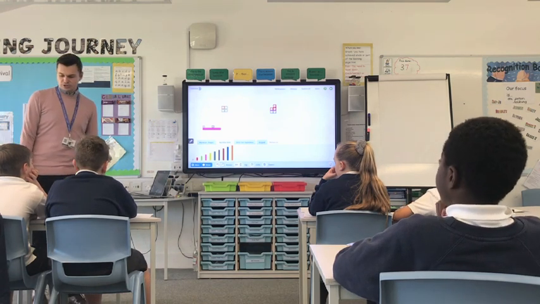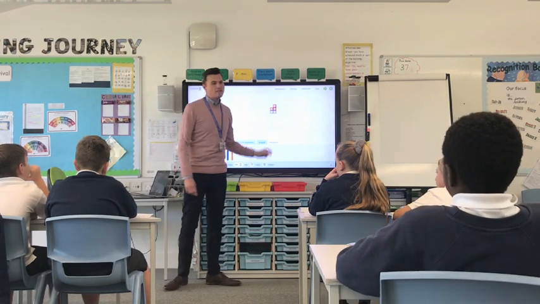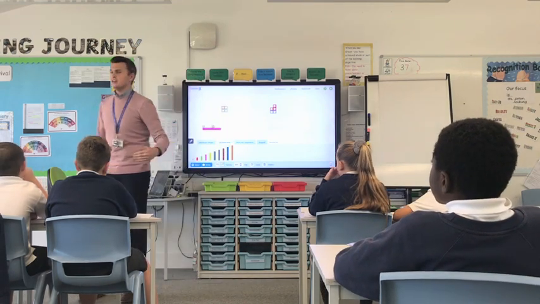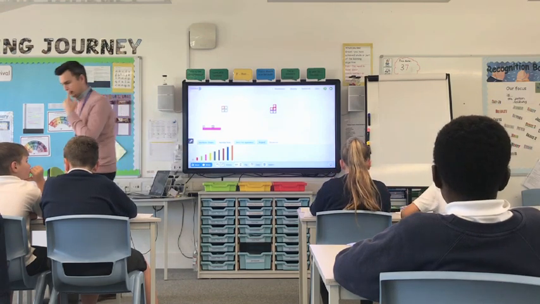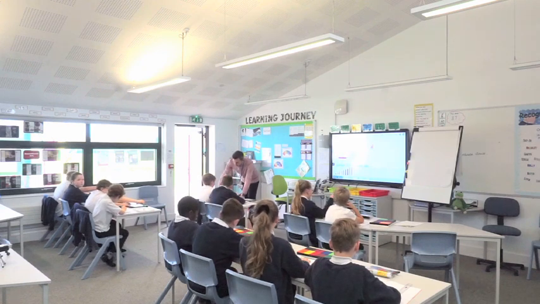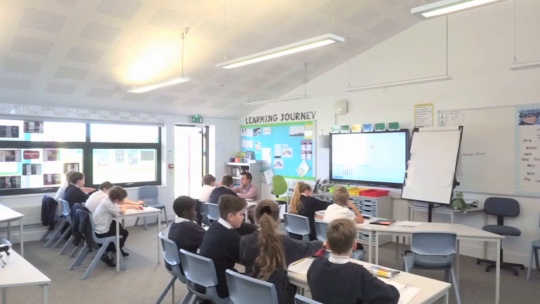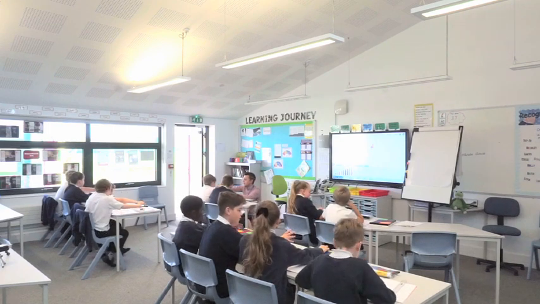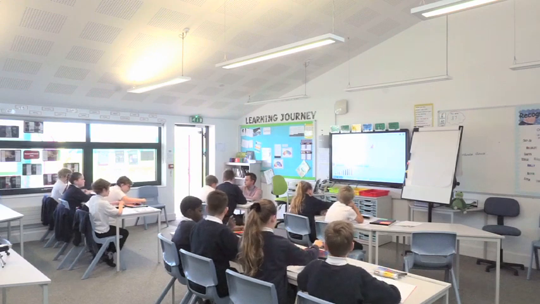Don't write it in your book just yet. I want everybody, for those 2 fractions, 1/4 and 2/5, to show me a set of equivalent fractions using the number rods. Off you go. Just keep going with both fractions.